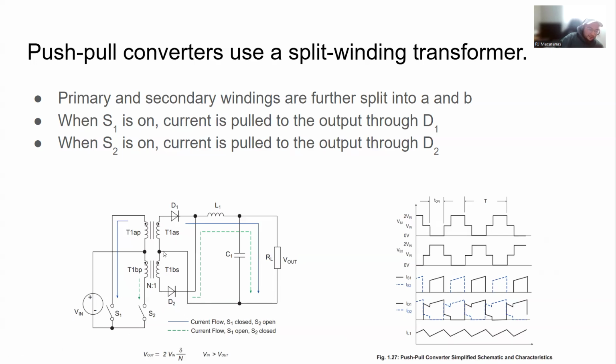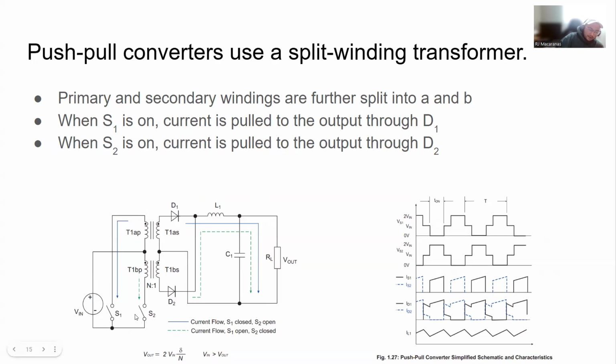And the general principle is when S1 turns on, then we're magnetizing this top primary inductance, and then the current is going to be pulled through D1 to the output there.